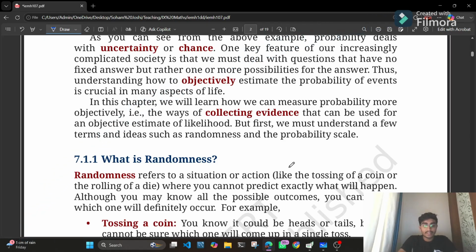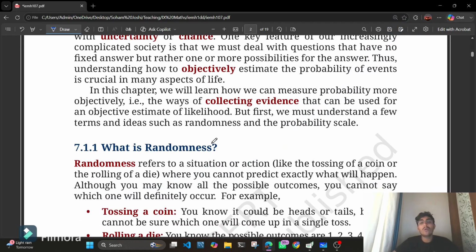So to predict what is going to happen for an event objectively or in practicality, in terms of numbers, in terms of values, is very important and crucial for many other individuals. Maybe it is not that important for us, but for some other person, it would be important, right? So therefore, in this chapter we'll learn how we can measure probability more objectively. That is the ways of collecting evidence that can be used for an objective estimate of likelihood.